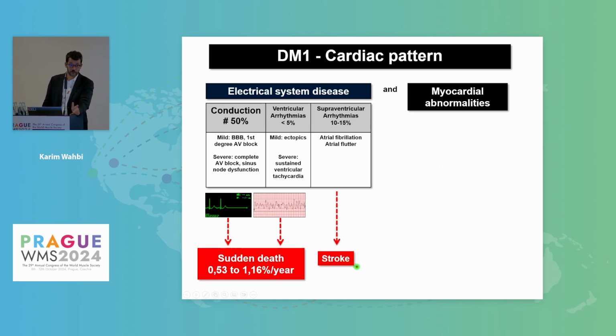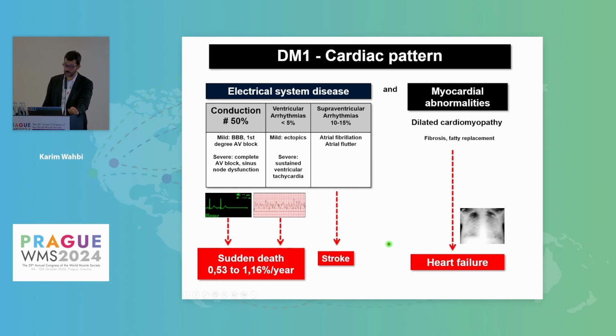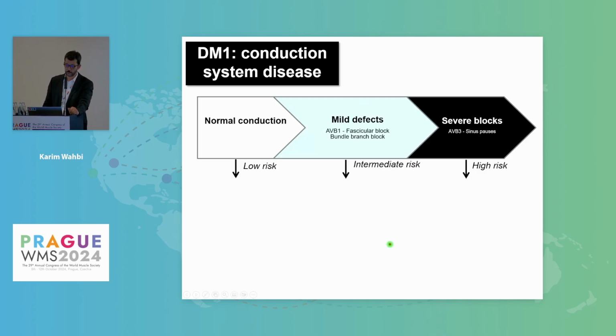And some patients have stroke due to ventricular tachyarrhythmias, and some patients develop dilated cardiomyopathy, but it's not that common in patients with DM1. So the main problem is the management of electrical abnormalities and the prevention of sudden death, mainly due to major conduction defects.